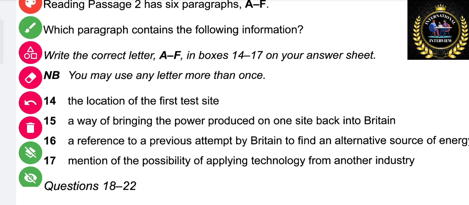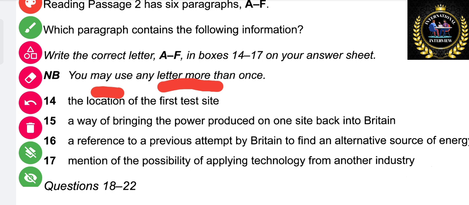When we read the complete paragraphs A to F, we should always remember in which paragraph this statement is mentioned. Here the word location is mentioned, and also first test site. So in the paragraph where it is mentioned as initial site or pilot site, or firstly, or even the first test site, we are going to go to that paragraph and get the answer.